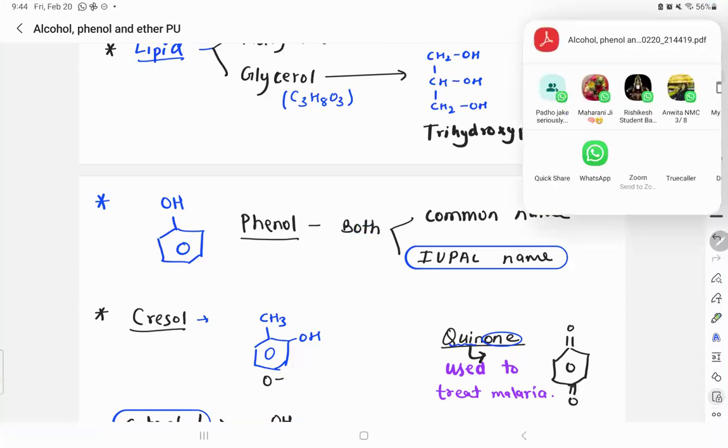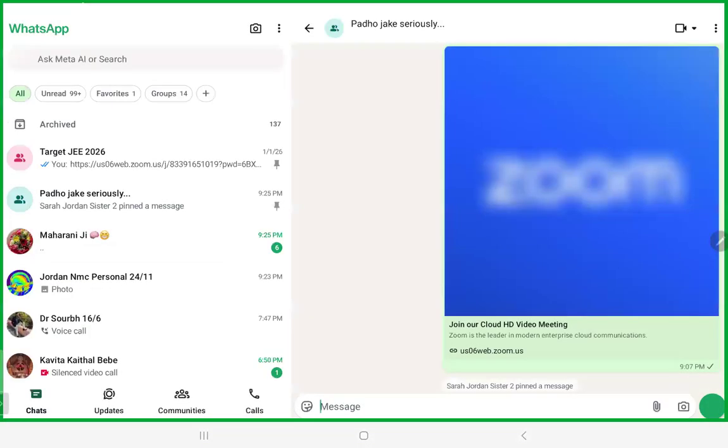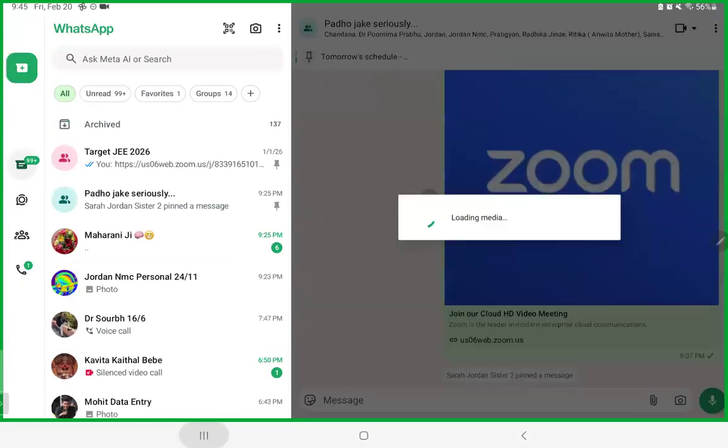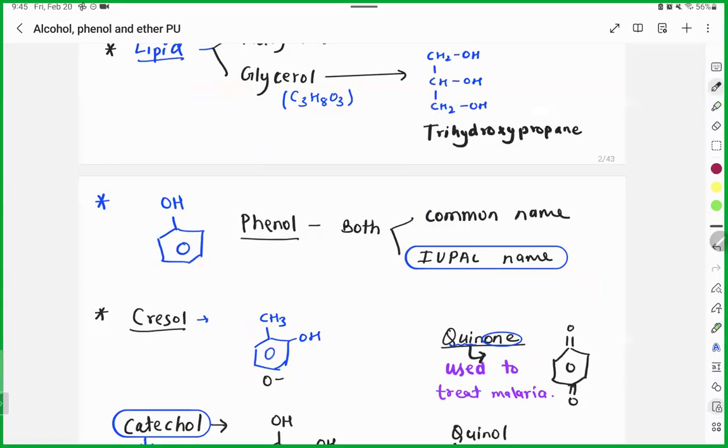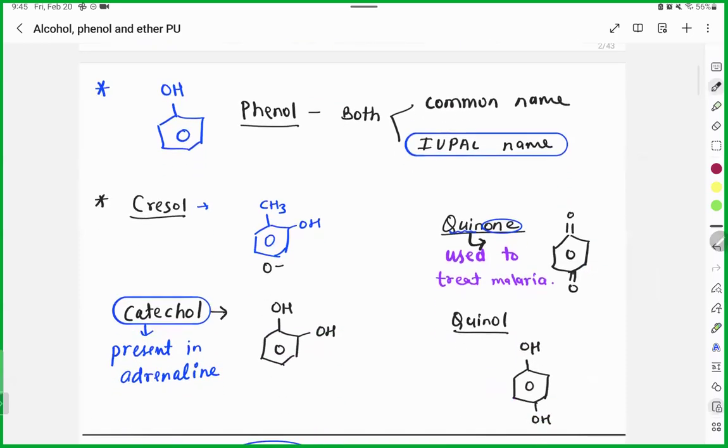Catecholamines are emergency hormones, fight and flight hormones. Adrenaline and noradrenaline are catecholamines because they have catechol along with the amine, and this is the catechol, with OH at ortho position.